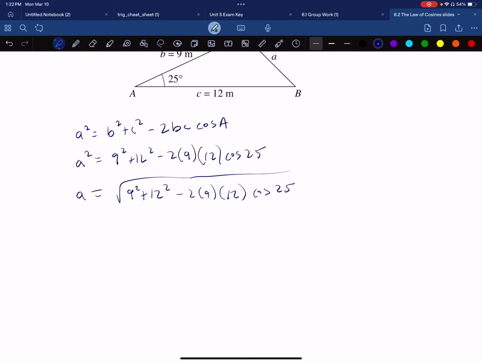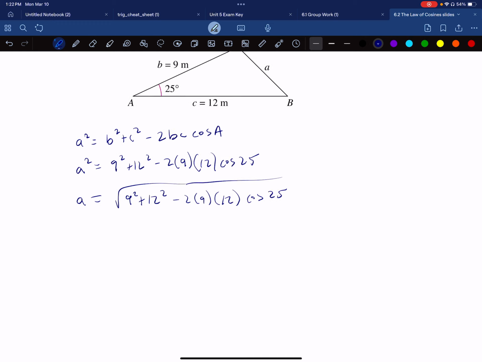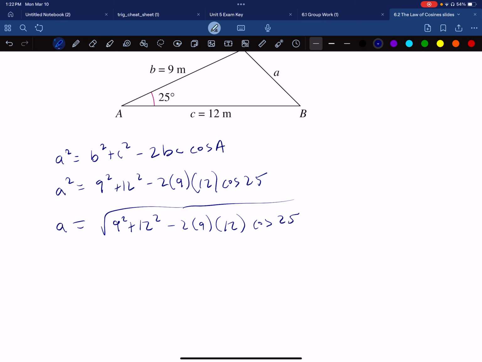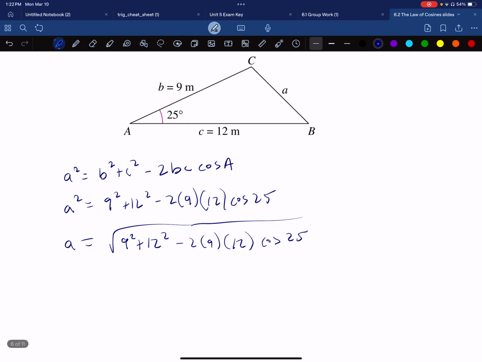Now, normally I say when you introduce a square root to solve, you're going to get plus or minus. In this case, since A is representing the side length in a triangle, we only care about the positive root. All right, so we'll pop that whole thing into the calculator.